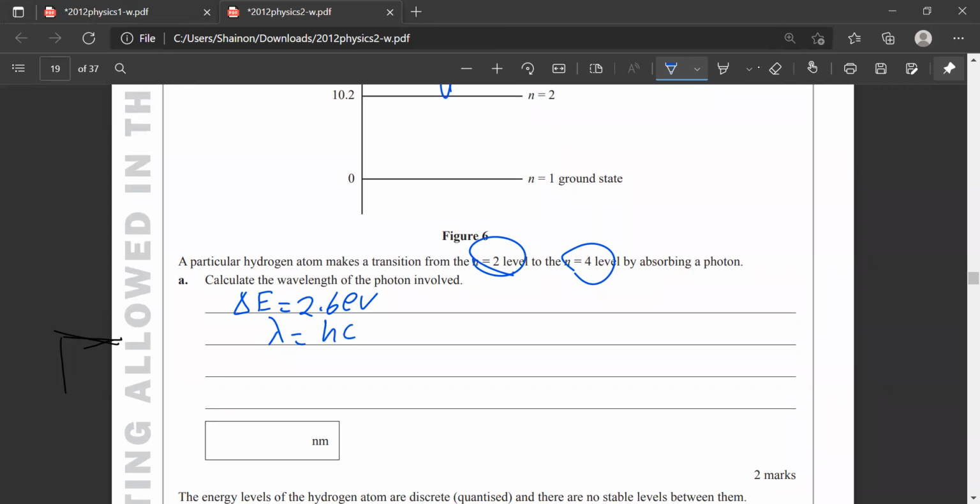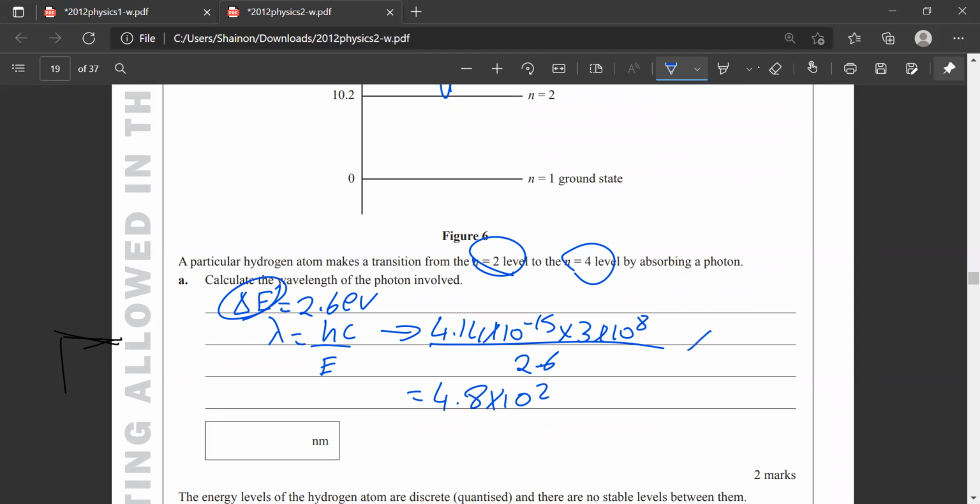Using this formula, hc over the energy 2.6, which is here, and that should equal to, always remember to times by 10 to the power of 9 for nanometers.